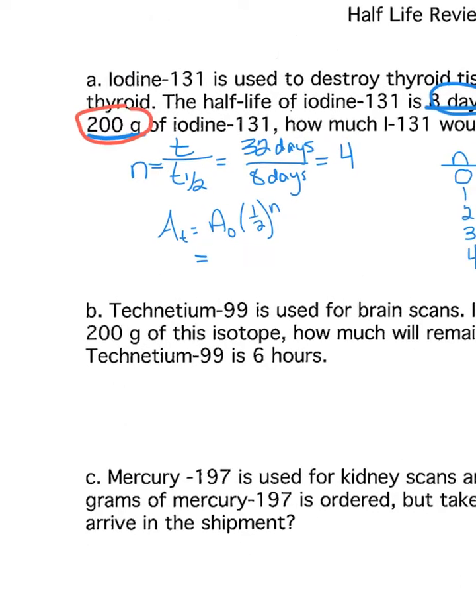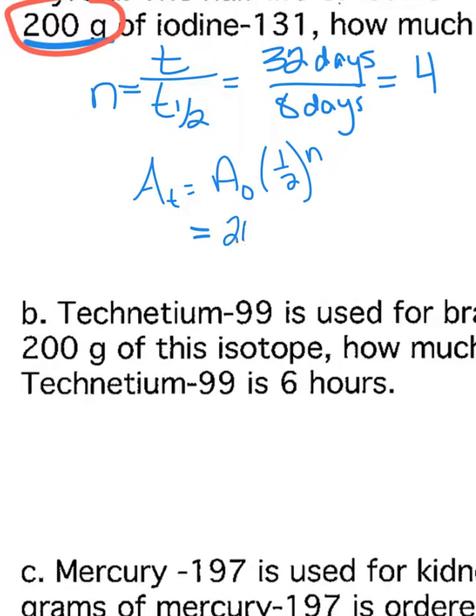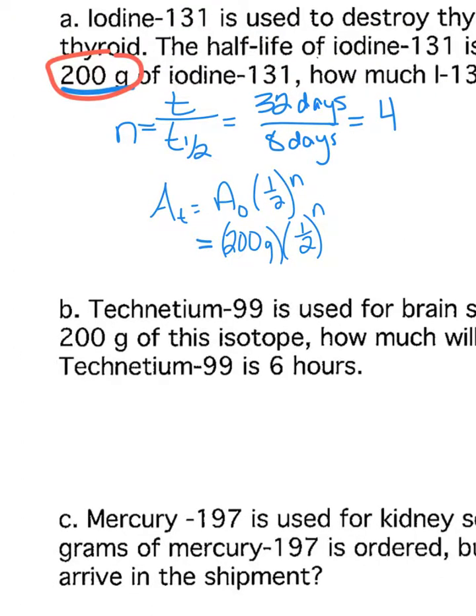A0 is the original amount, which was 200 grams. I'm going to multiply that by 1/2 to the n power, which ends up being 1/2 to the 4. So in my calculator, I'm doing 1/2 to the 4th power times 200, and I should get the same answer that I did before: 12.5 grams remaining.